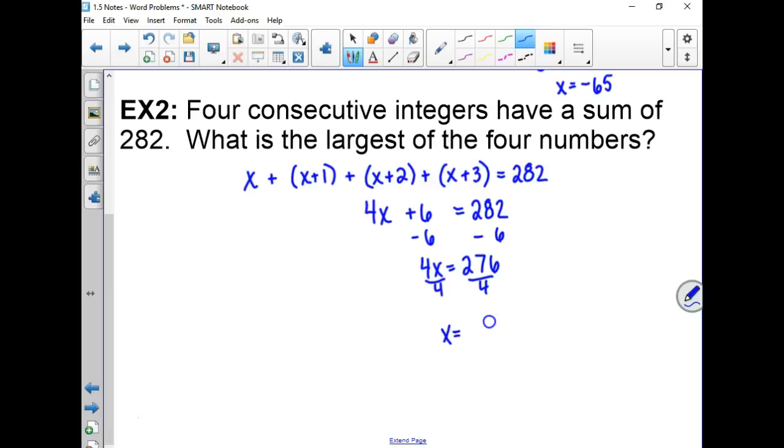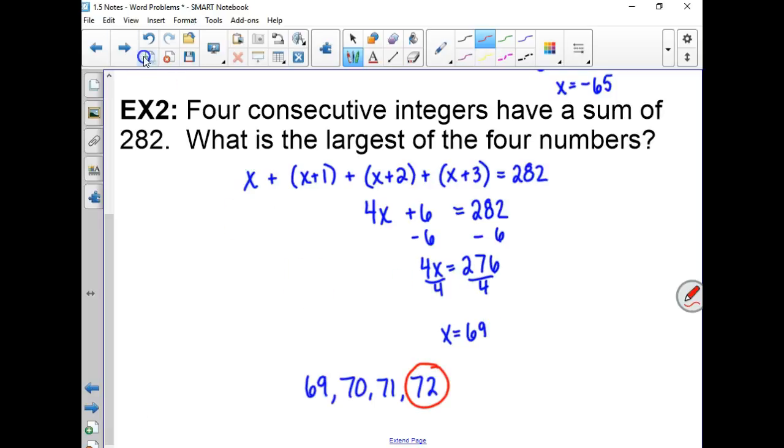So x equals 69. We have 4 numbers here. 69 is the lowest, so 69, 70, 71, and 72 are our 4 numbers. If we add them together to check, we see we get 282. The question asks us for the largest of the 4 numbers. So the largest of the 4 numbers is 72.